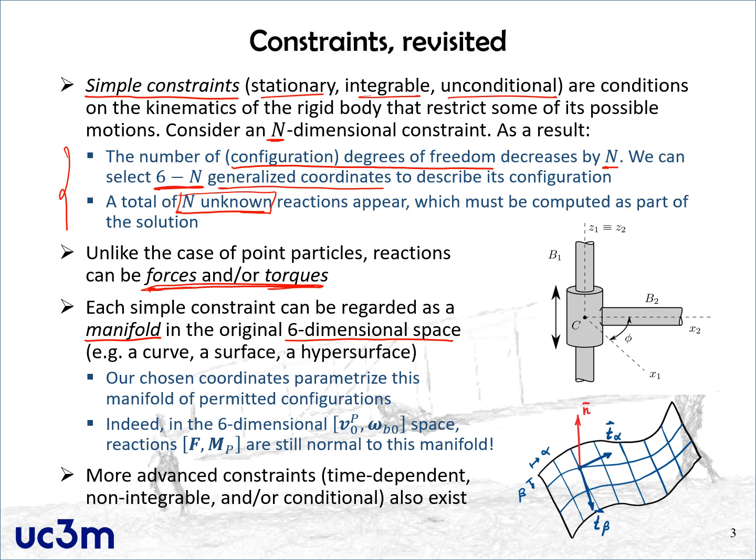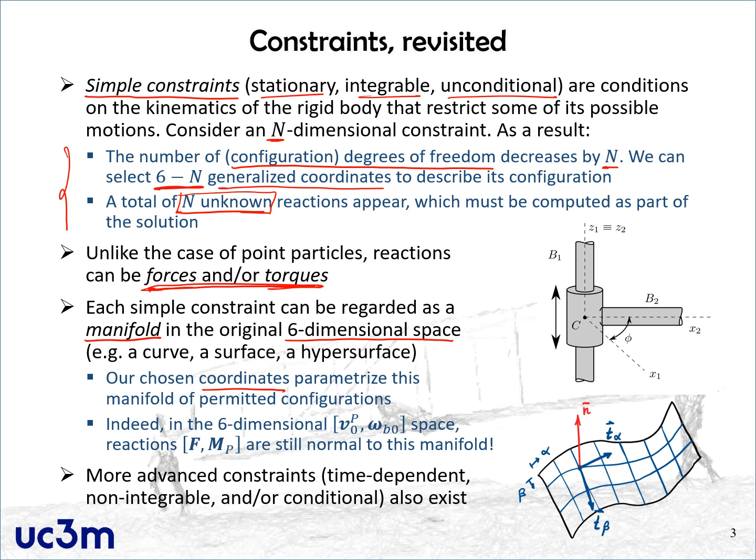You can call this a hypersurface if you want. So our purpose, in full parallelism with what we did in 3 dimensions with a single point particle, will be to find or to choose a set of coordinates to parameterize this manifold, which is the locus of points where the body configuration can exist.